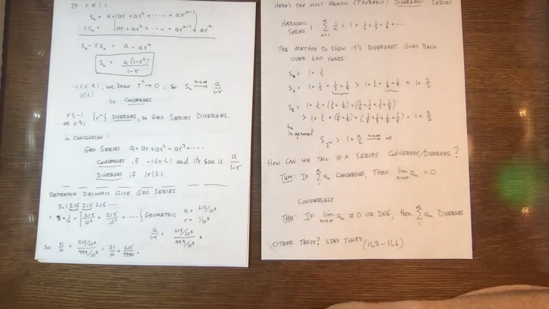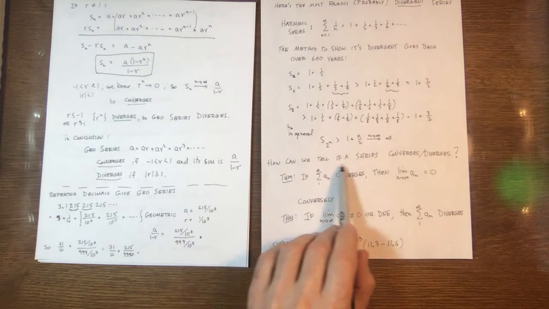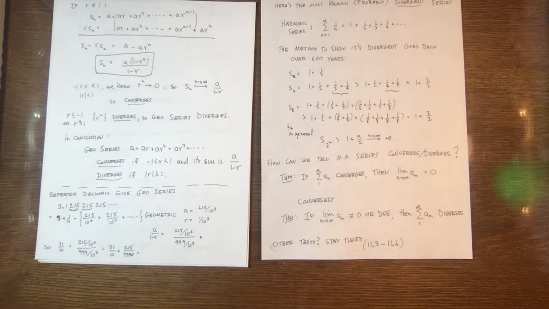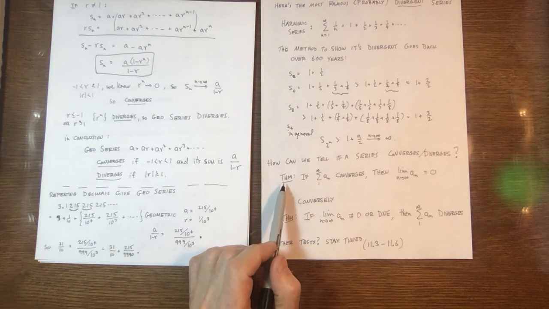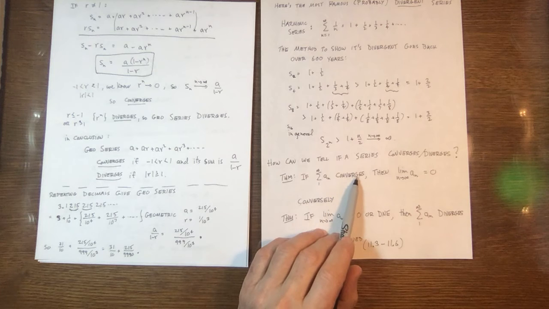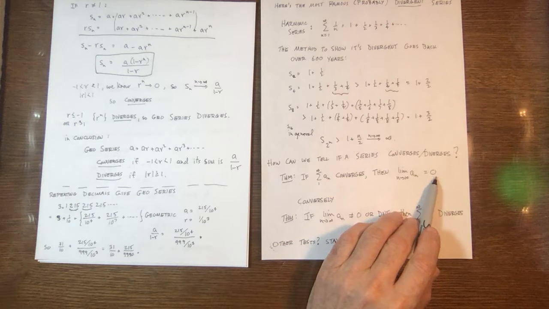So some converge, some diverge. So of course the natural question is, how can we tell which it does? So the first result along those lines is this. If it converges, then the nth term must go to 0.